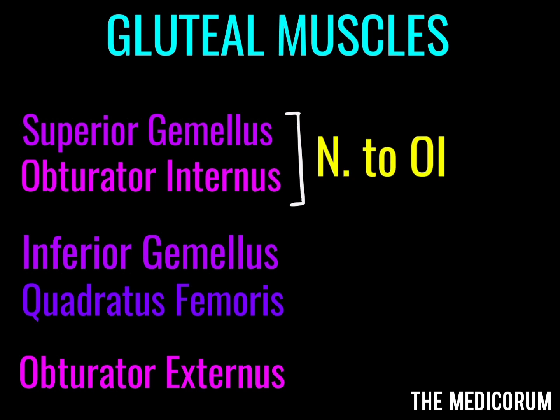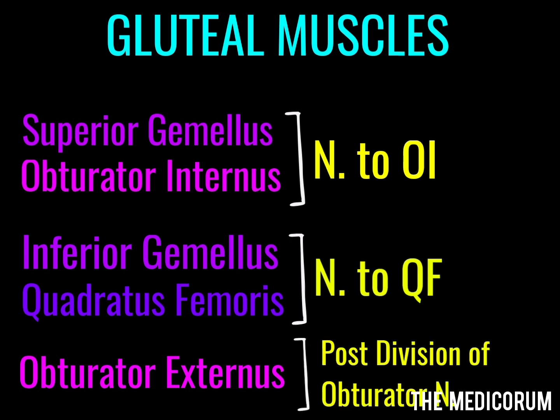Similarly, inferior gemellus is paired up with quadratus femoris because both the muscles are innervated by the nerve to quadratus femoris. And obturator externus, which is left alone, is supplied by the posterior division of the obturator nerve.